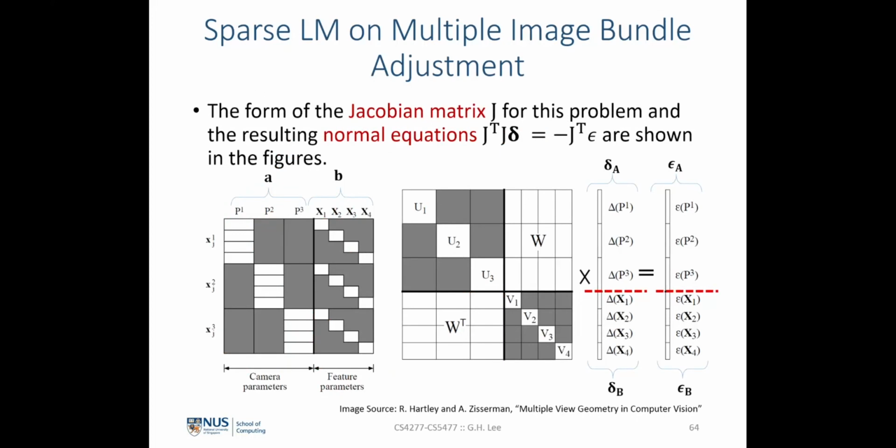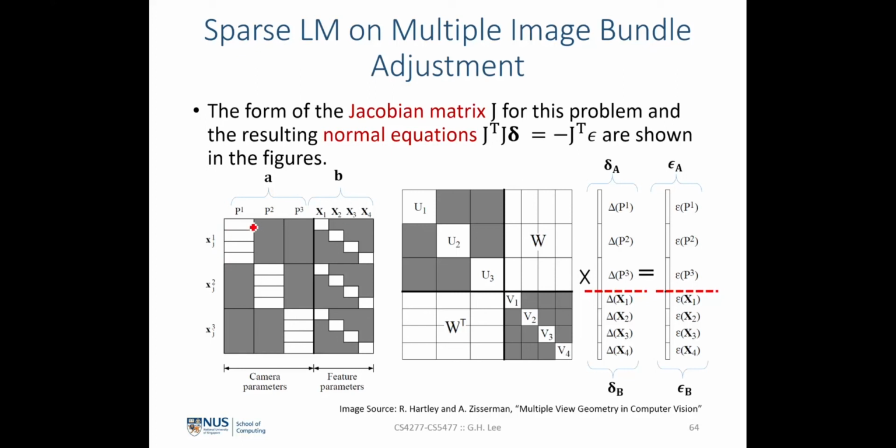The form of the Jacobian after we do this partial differentiation is shown in this particular figure. We can see that the projection matrices, which we denote as the vector A, and the 3D points, which we denote as the vector B, only affect the reprojected points when they are seen in that respective camera, or in that respective 3D point.